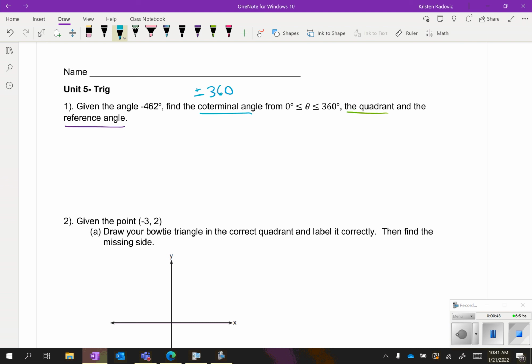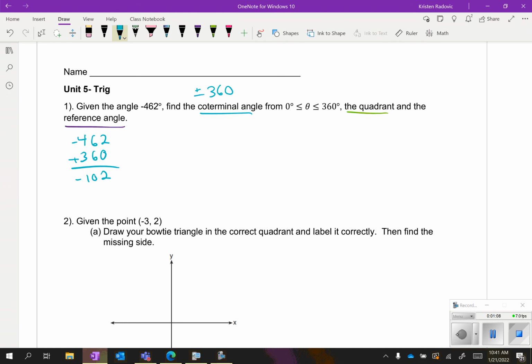In this case, we have a negative angle measure, and I want to get to a positive angle measure, something between 0 and 360. So it doesn't make sense to subtract because I'm just going to get more negative. So in this case, I'm going to add 360 degrees, and that's going to get me negative 102.